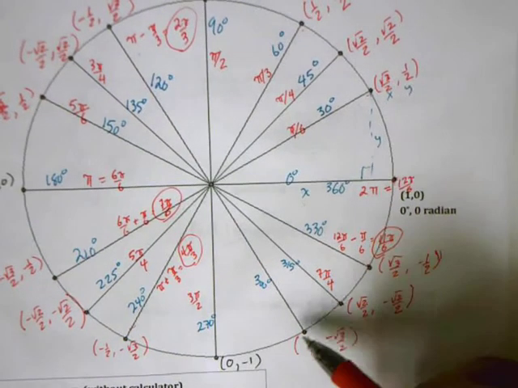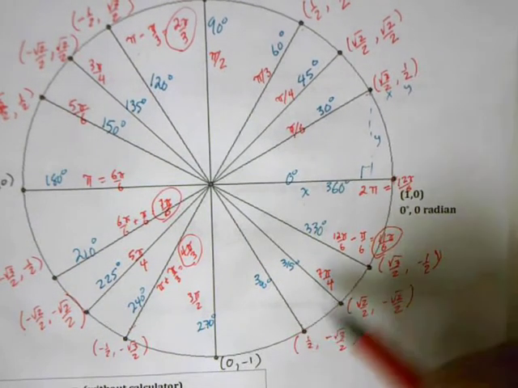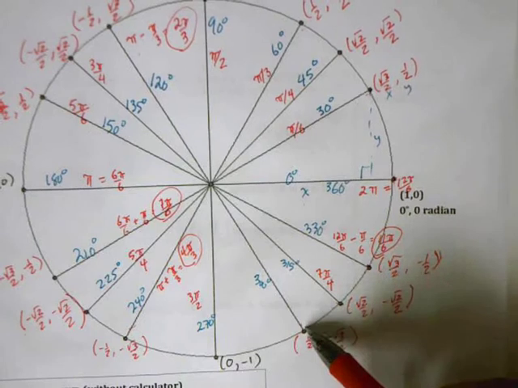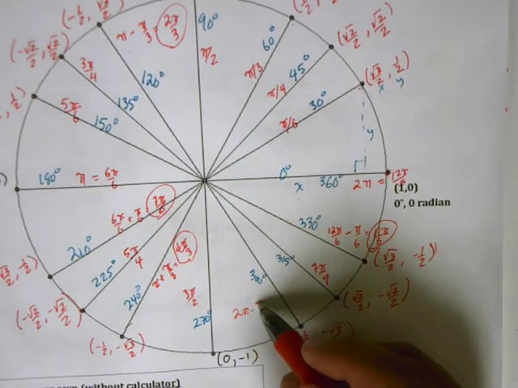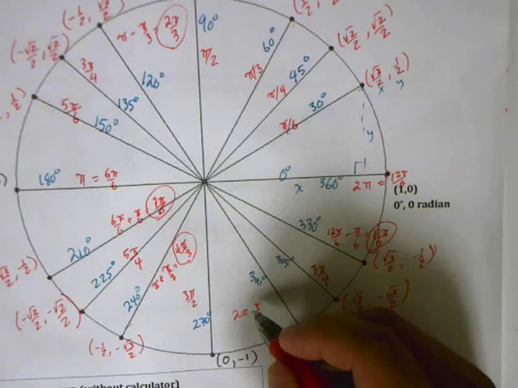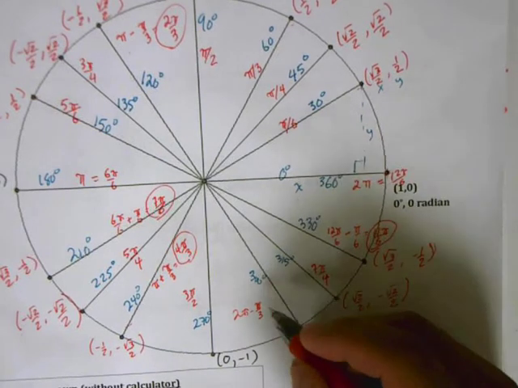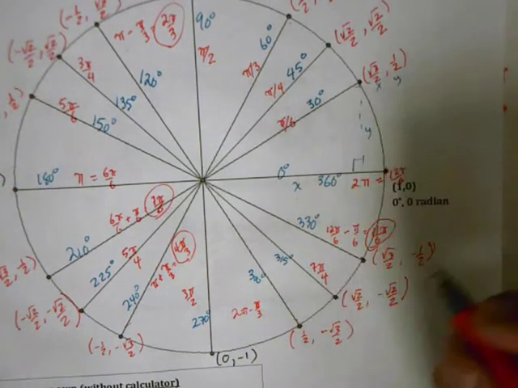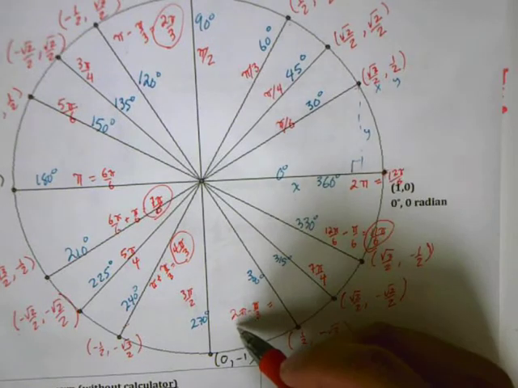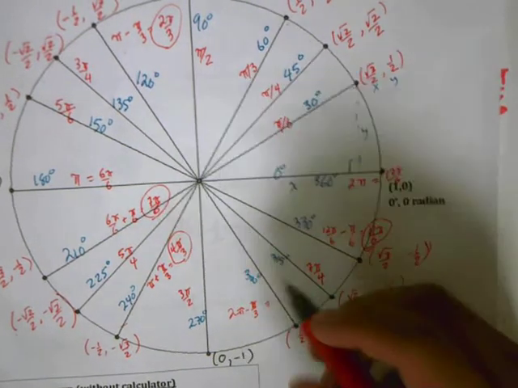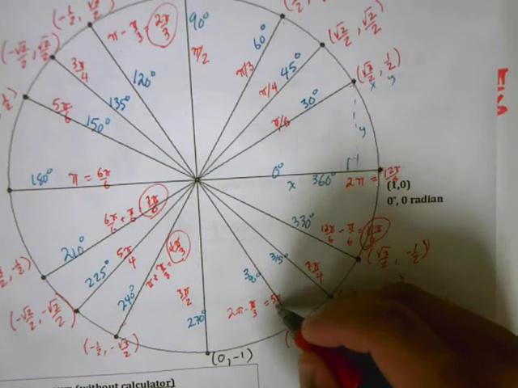And our last point right here, that's 2 pi minus pi over 3. 2 pi is really 6 pi over 3 minus pi over 3, so that's 5 pi over 3.